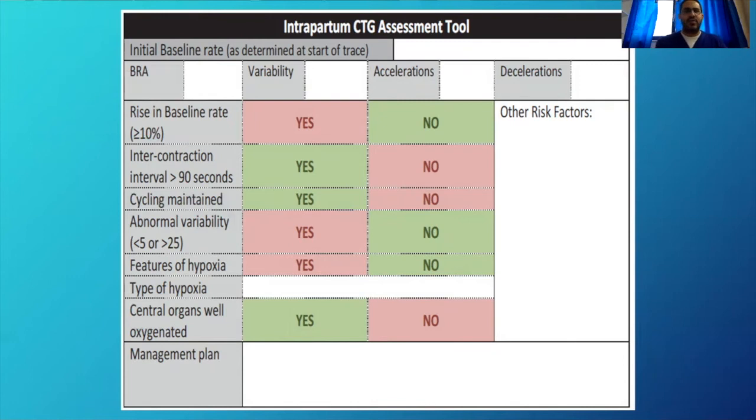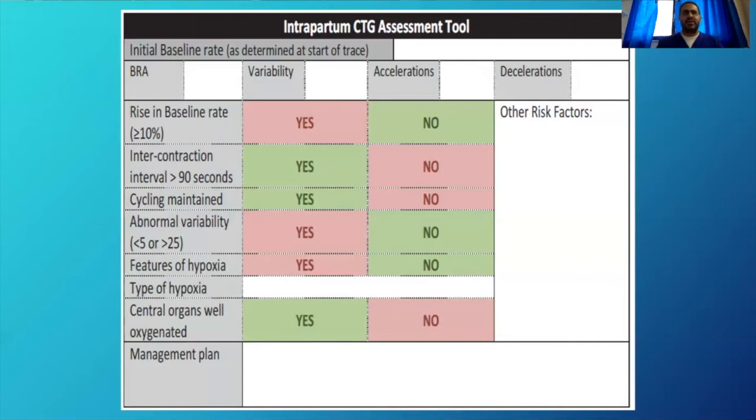Variability, you're gonna look at the variability and see whether it's within the normal range, as in 5 to 25, and is there still cycling, okay? Are there any accelerations? We're talking about early labor. Yeah, accelerations is fine, and that's a good thing, but it's not necessarily important as labor progresses, okay? Decelerations, are there any decelerations? So yes or no, okay?